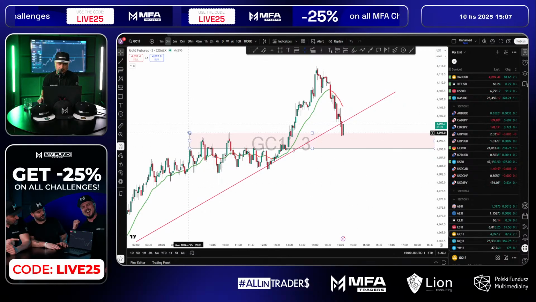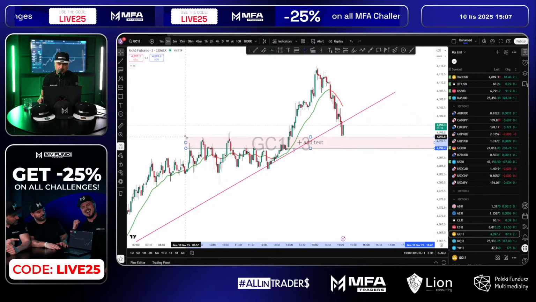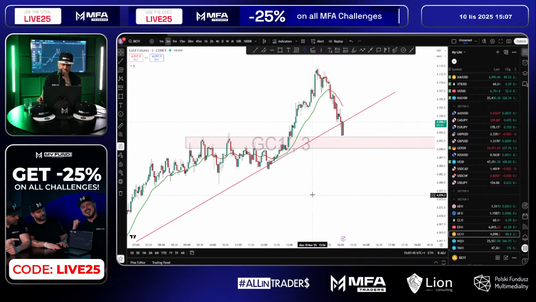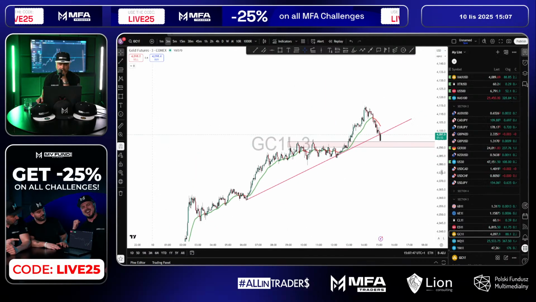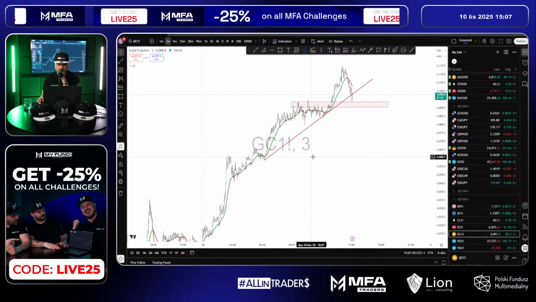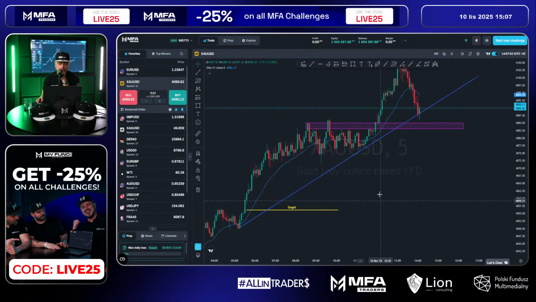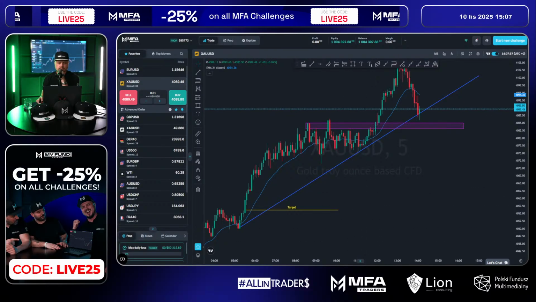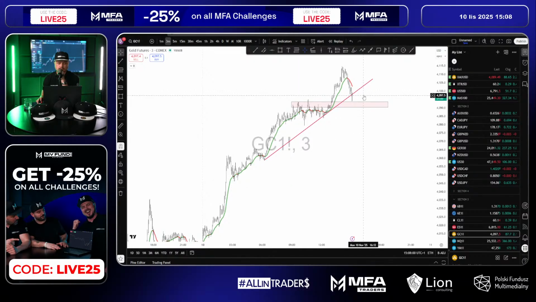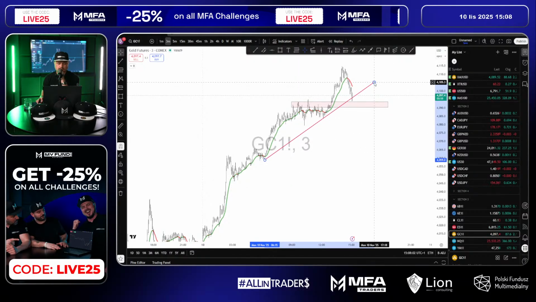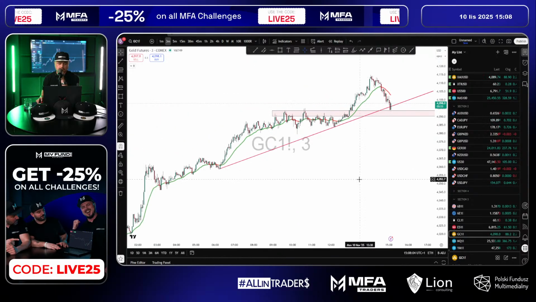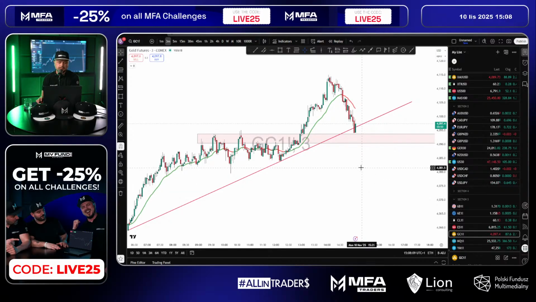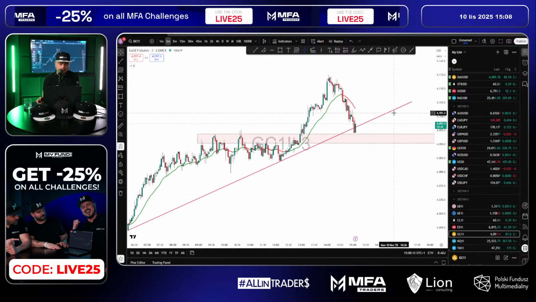We stopped at support resistance zone. We'll see.